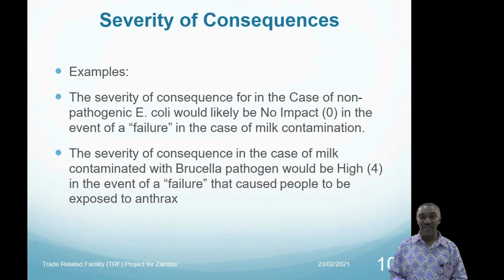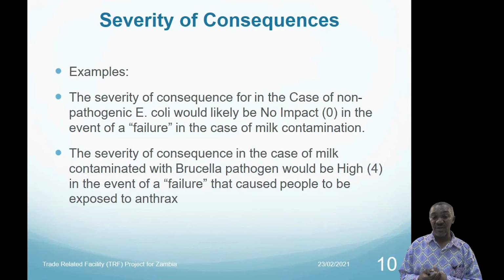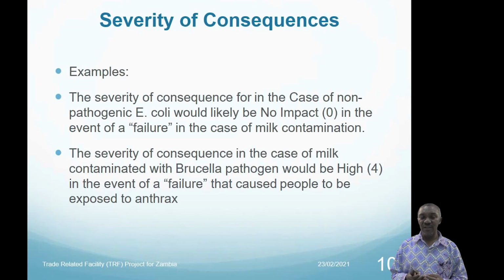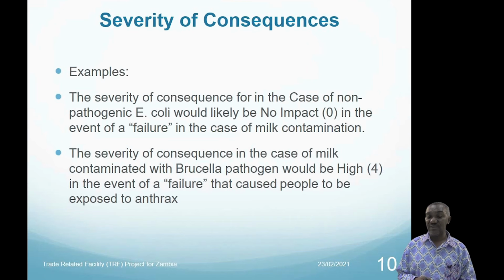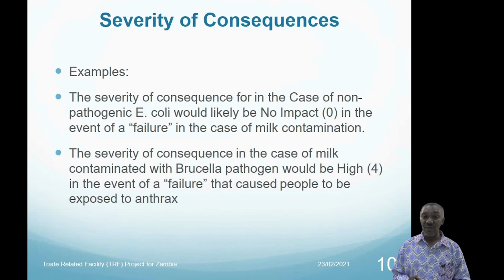Let's look at an example of the same case that I talked about, E. coli in milk. If say somebody consumes milk and it has E. coli, you know that in most cases, except for those rare pathogenic strains like the O157:H7 E. coli, which are pathogenic, in most cases you find that E. coli is a normal contaminant.